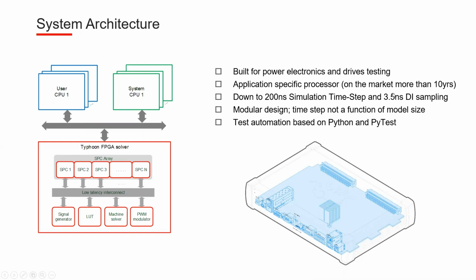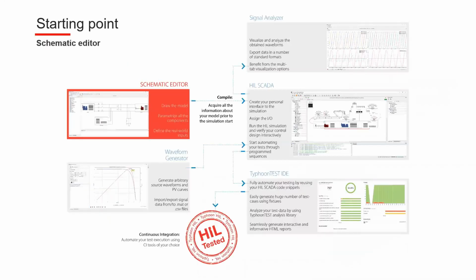So it's not a general real-time simulator. It really focuses on power electronics, drives, microgrids, and similar, while the user CPU is actually there under full control of the user, and it can be used to simulate whatever the user can make of it. Yeah, but it's intended, as we've said, for some slower processes.